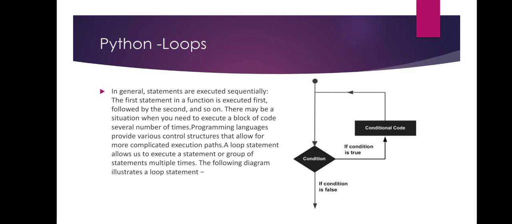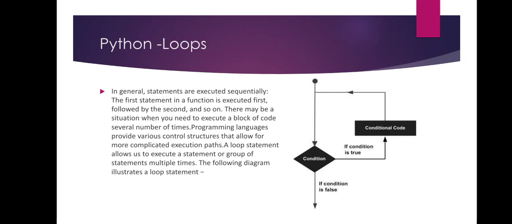If we want to use the same block of statements several times, we have to write the same instructions several times, so the number of instructions in the program increases. To decrease the number of instructions, we use loops. Loops let us use the same block of statements several times without writing them several times. So this is the purpose of loops.